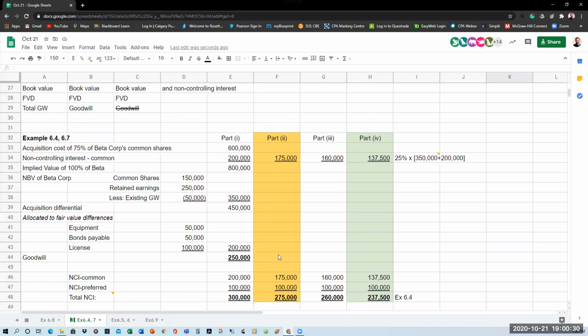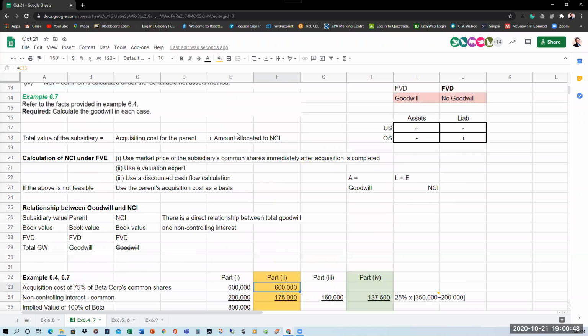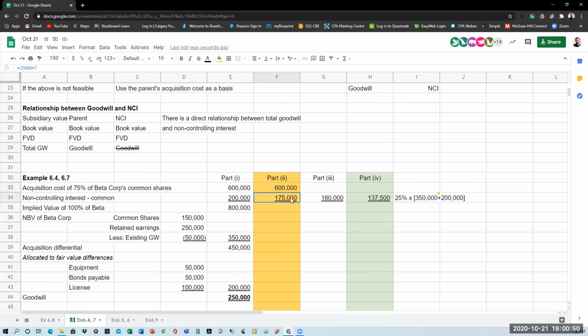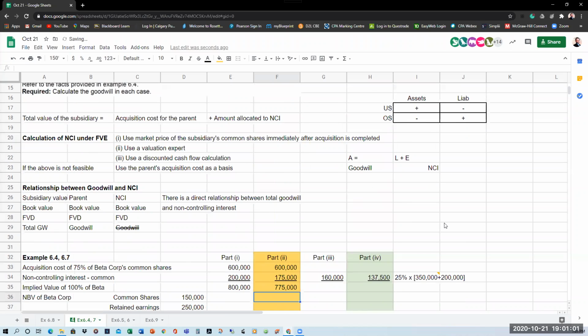To answer part two, now the parent paid 600,000, right? So that's not changing. The parent company paid $600,000 to buy 75% of Beta Corp. So the parent's acquisition cost plus the amount allocated to NCI. Well, in part two, we allocated 175,000 to NCI. If I add those two together, I get a value for Beta Corp.